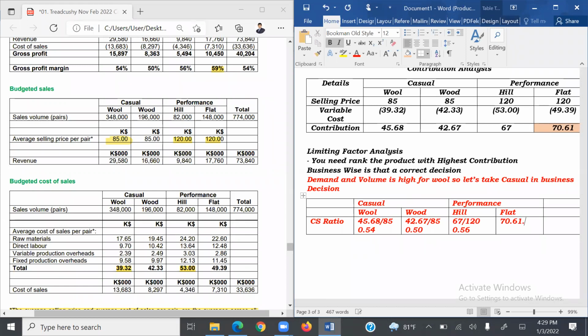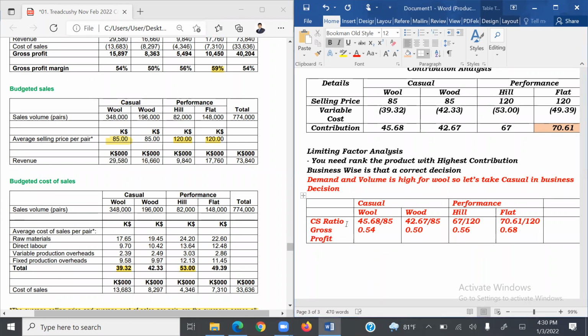So it's going to give you 0.68. So students, as per the understanding, CS ratio is like gross profit margin: contribution, like gross profit, divided by sales. That means your product is generating how much gross profit when you sell the product.